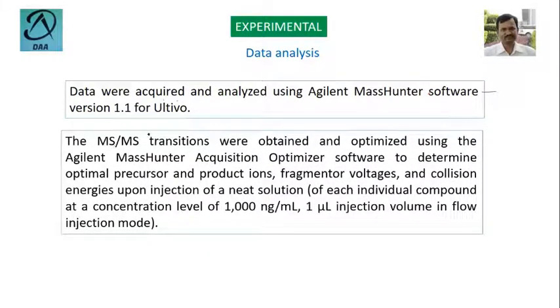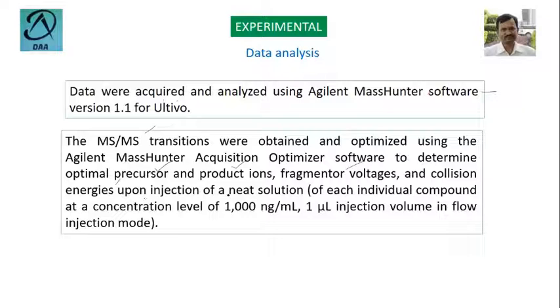The MS/MS transitions, what I told you, the product ion is due to the MS/MS transitions, and they are obtained and optimized using the Agilent MassHunter Acquisition Optimizer software to determine the optimal precursor and product ions, fragmentor voltage, and collision energies, because collision energy is used to break the precursor ions to form the product ions.